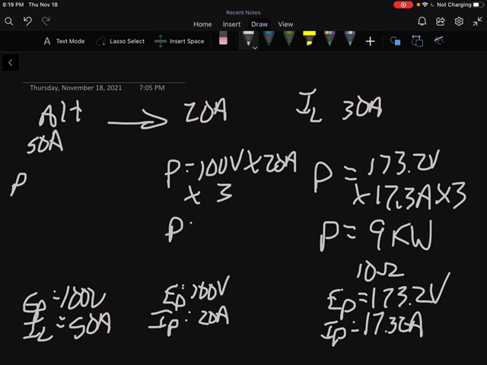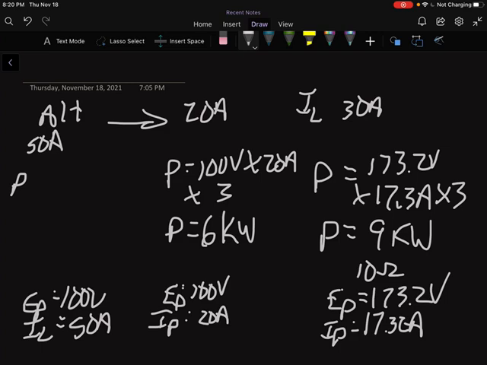So we have 6 kilowatts. So we have 9 kilowatts and 6 kilowatts. If you're looking at this, the nice thing, and where I hope you are leading to, is that our total power, because they're all resistive loads, is 15 kilowatts.